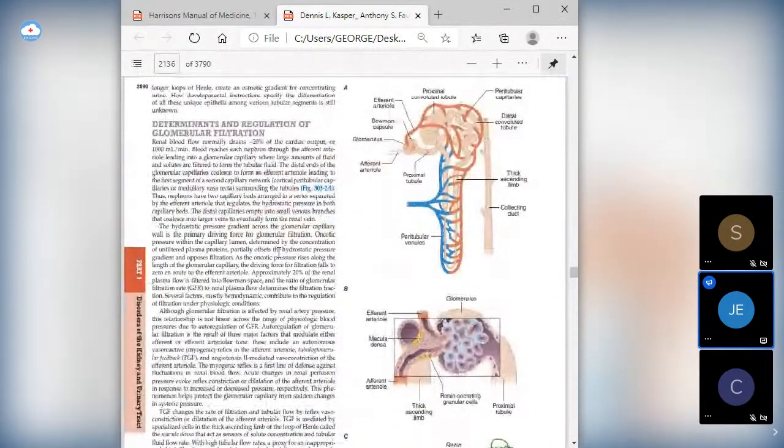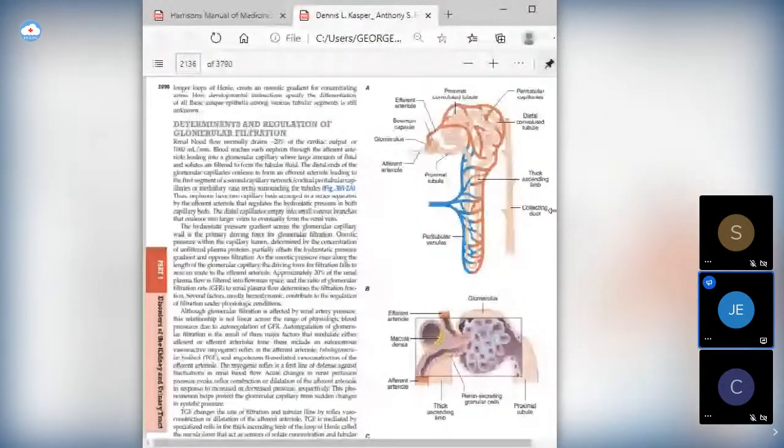Here they are talking about determinants of renal function.